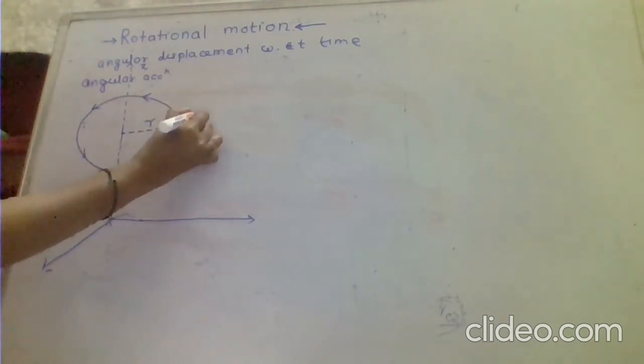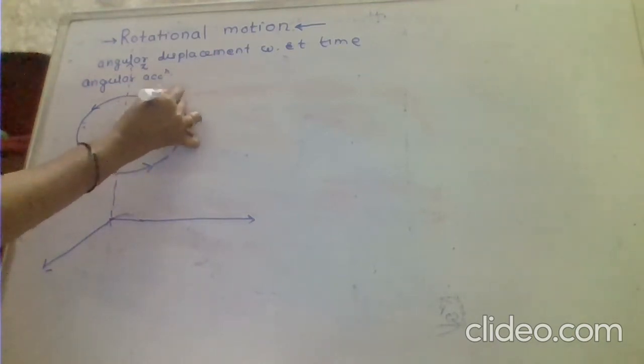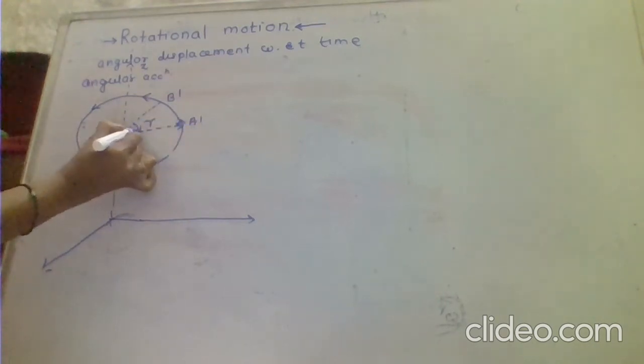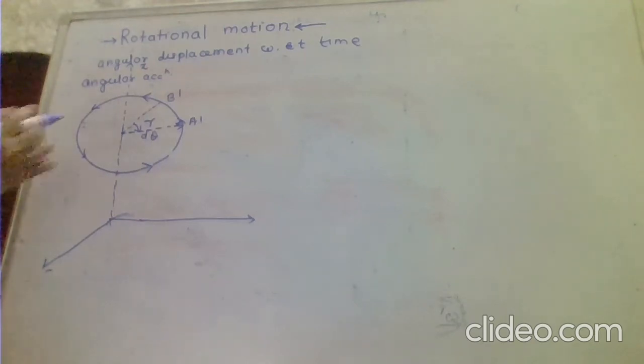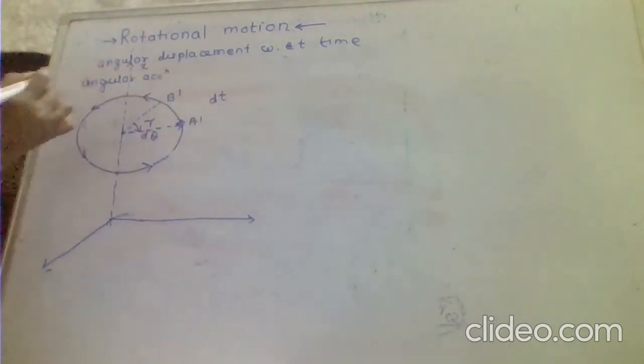Suppose the particle makes angular displacement d theta when it is displaced from A dash to B dash in a small time interval dt.